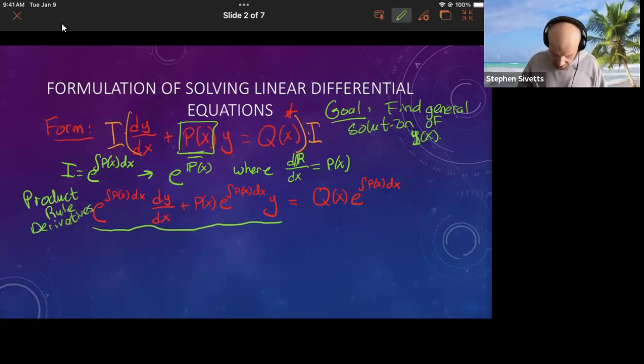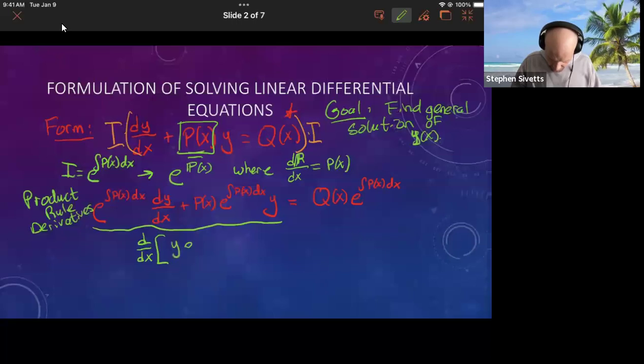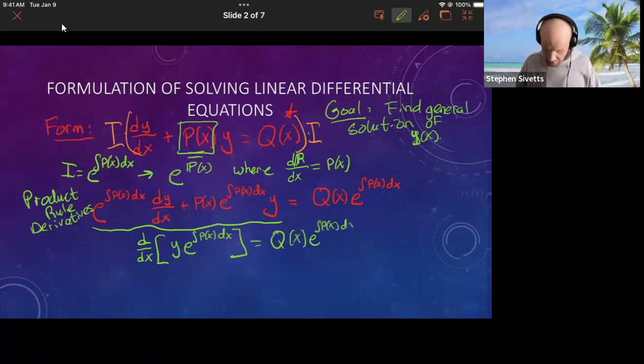Okay, so this left-hand side, you can write as d dx of y times e raised to the integral of p of x dx. You can also rewrite it like that. And then this right-hand side is just equal to q of x times this exponential quantity.